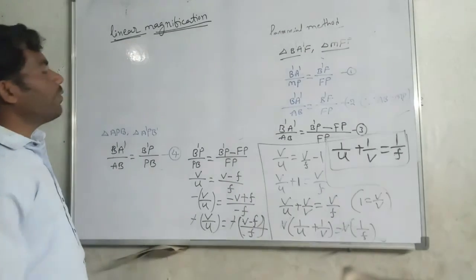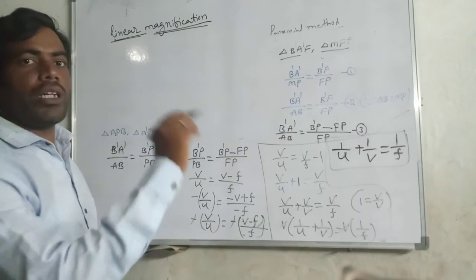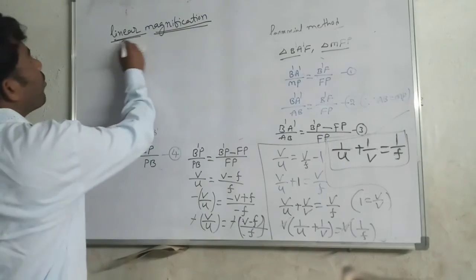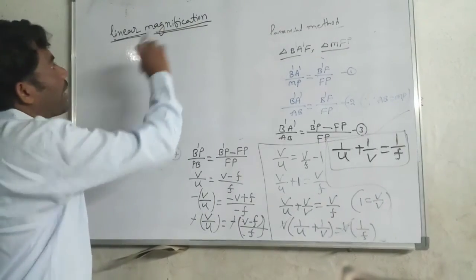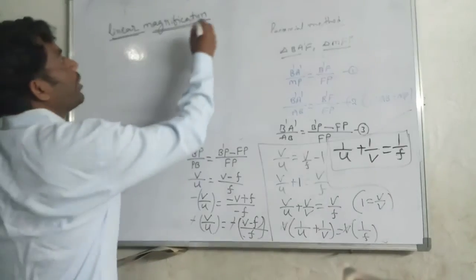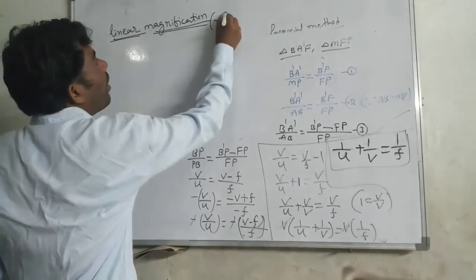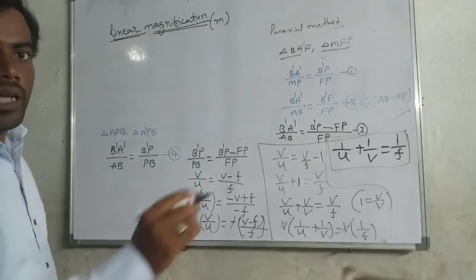Then we have one more important thing, linear magnification. It is denoted by a small m.